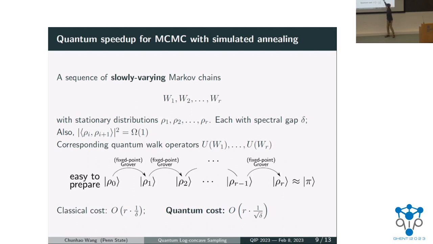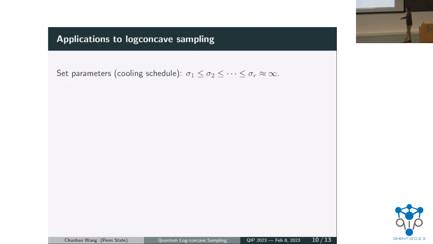And now there are R Markov chains, so this is the total cost. We can design the sequence of slowly varying Markov chains carefully, so that this cost will be better than the classical cost. Okay. So now let's see how we can use this framework in the sampling task.